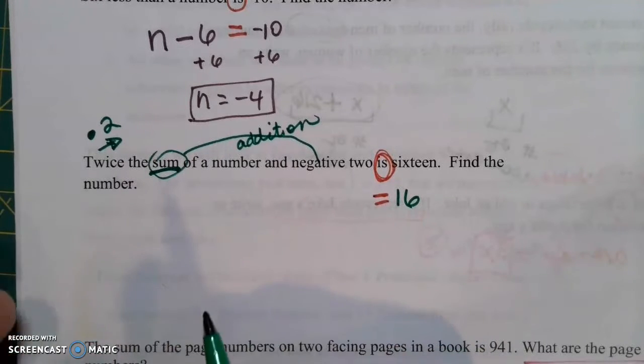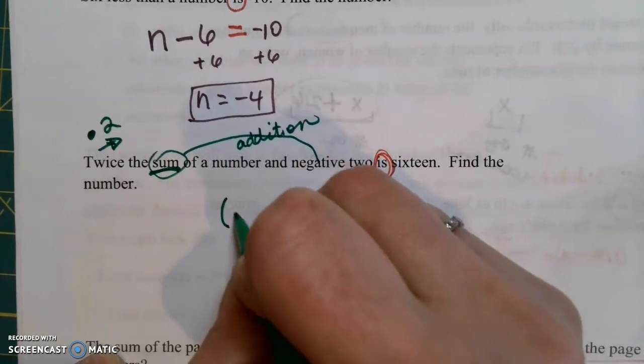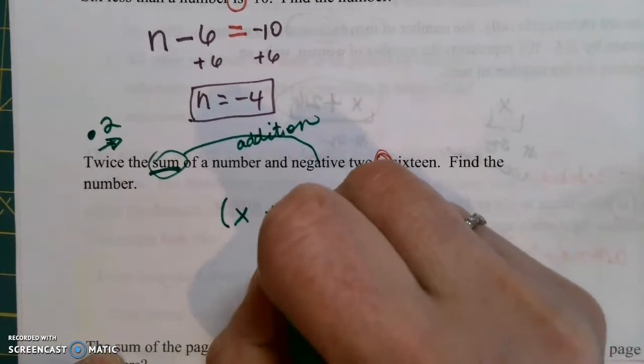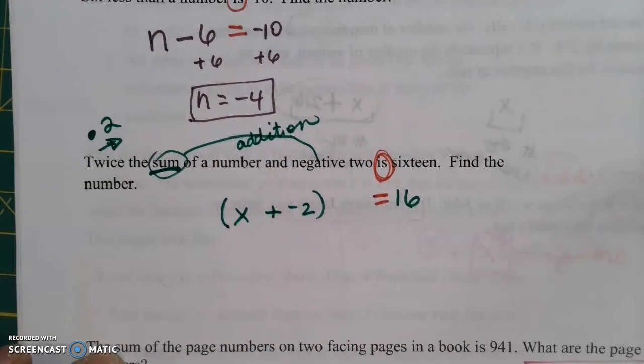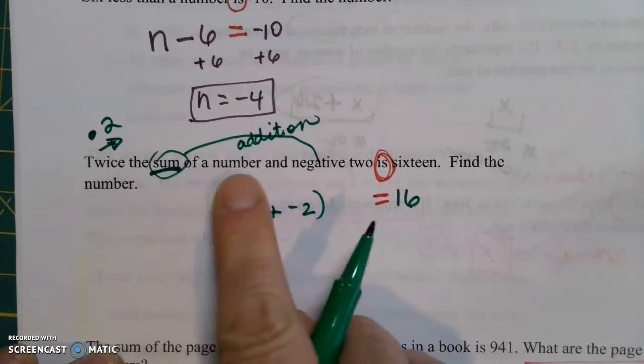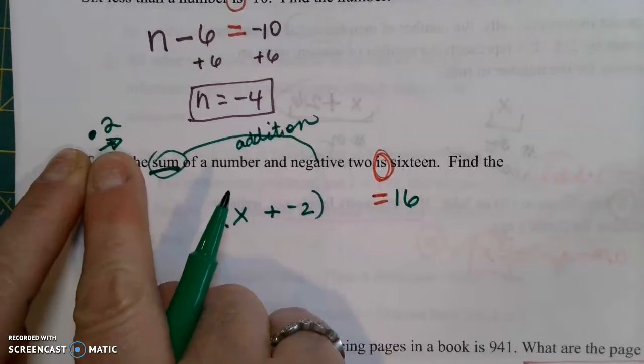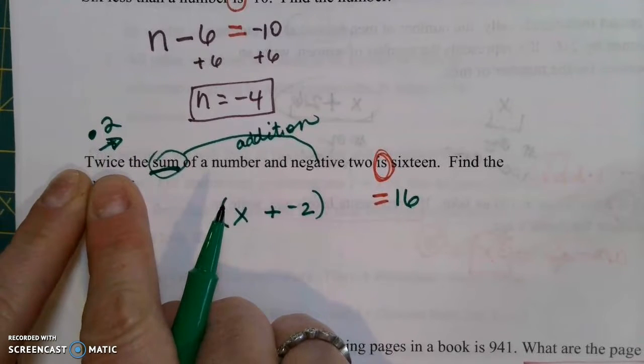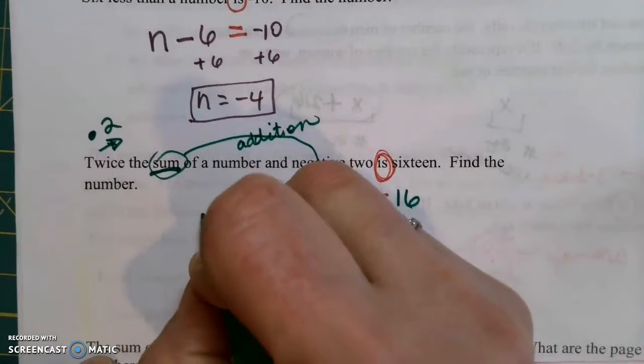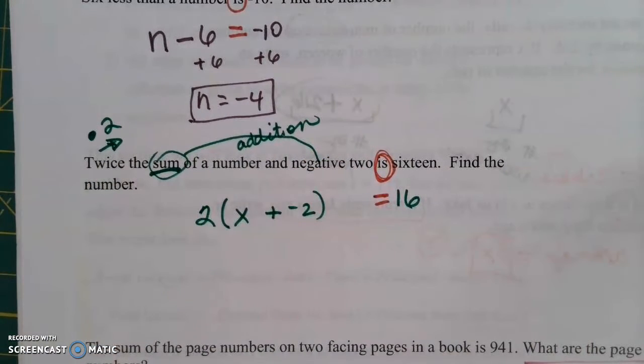If that's the case, then that phrasing implies parentheses. If I use x for this one, it'd be x plus negative 2, because that's the sum of a number and negative 2. And then I'm going to do twice that. That's one of those words that means not only multiplication, but what number we're multiplying by. So we're going to have a 2 on the outside there.